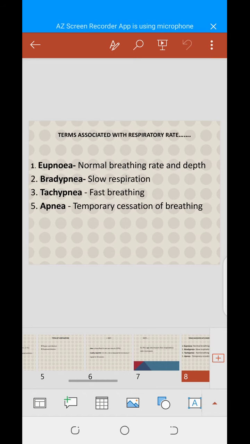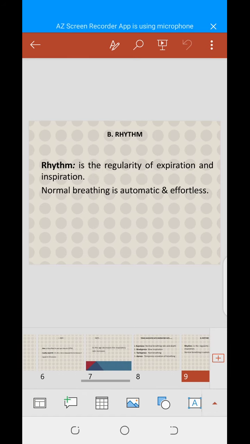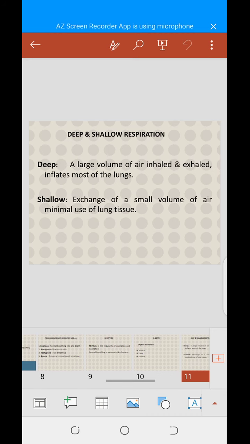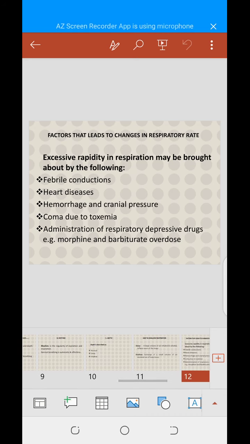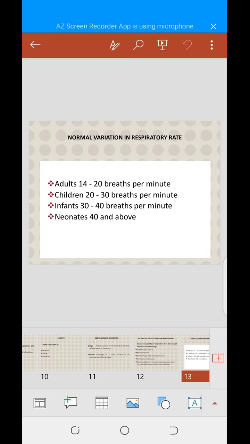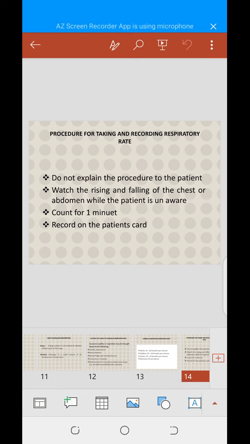Respiration or respiratory rate is the only vital sign that you are not expected to explain the procedure to the patient before taking it. All other vital signs, if you could remember, before you take them, you are expected to explain the reason or the purpose and the procedure or method you will follow in taking that kind of vital sign.